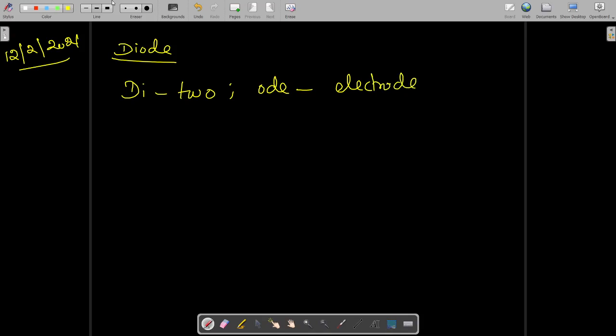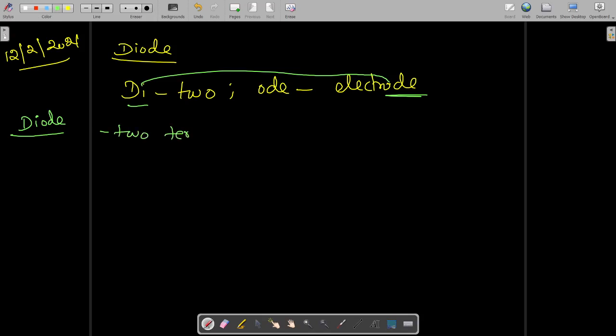Combining these two, we have the name diode. So it has two terminals. Electrode means terminals. What are the two terminals available here? They are named anode and cathode.